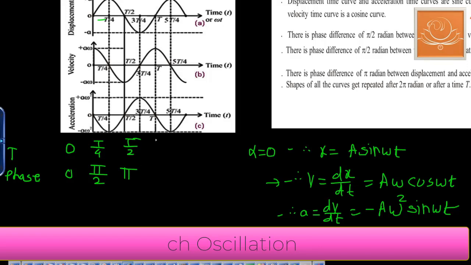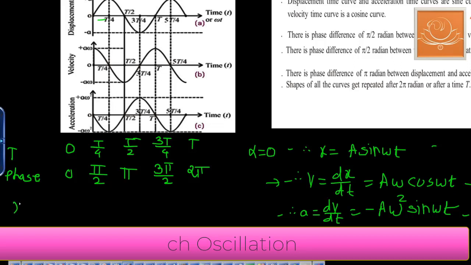At t equal to 3T by 4, the corresponding phase is 3 pi by 2. For the time equal to period T, the phase equals 2 pi, and so on. Now we have to write the values of displacement, velocity and acceleration at these phases.